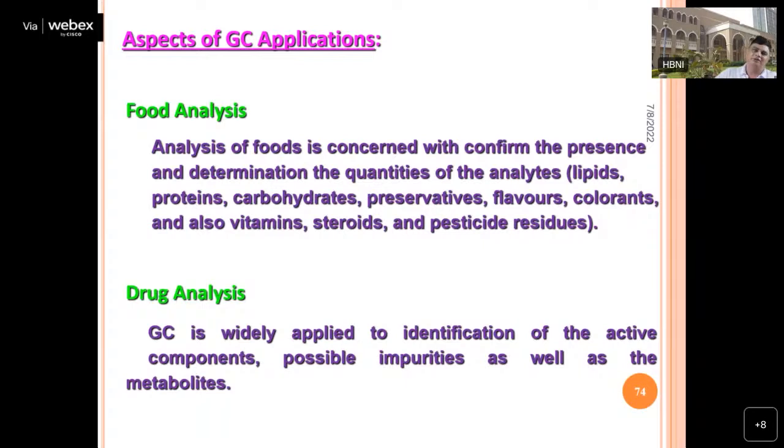Again, in this case you need various kinds of standard reference materials to confirm whether the analysis you are doing is correct or not. Drug analysis is also widely done, for identification of the active components, possible impurities, as well as the various metabolites.